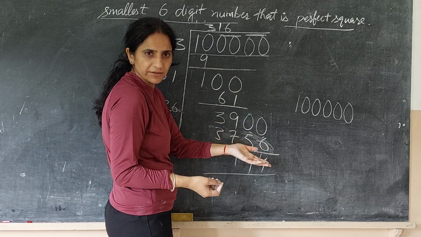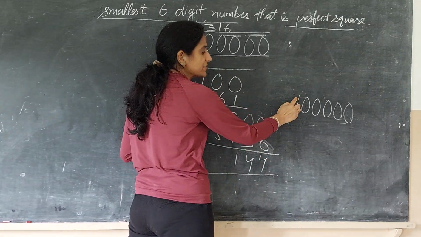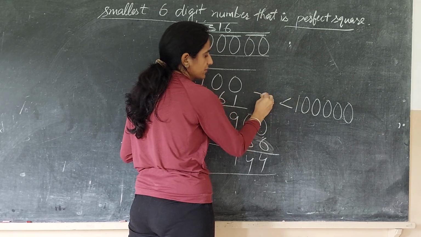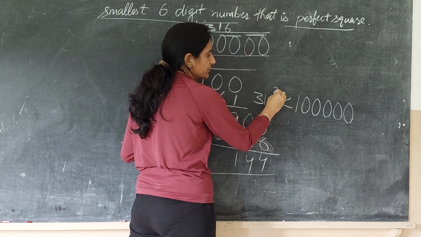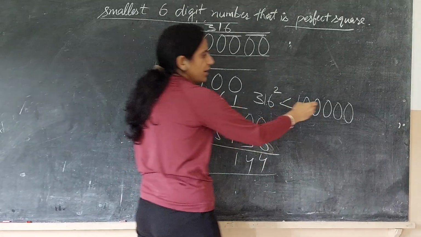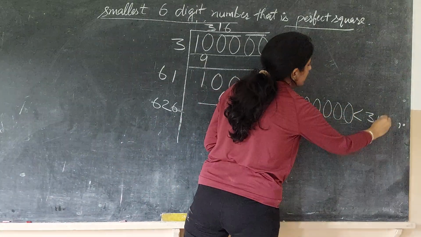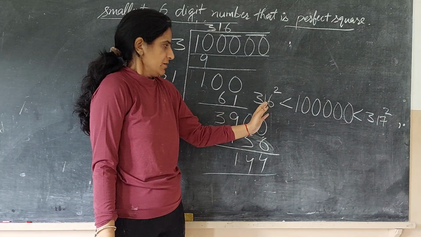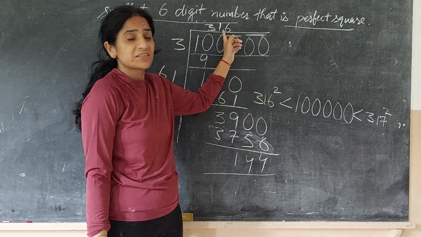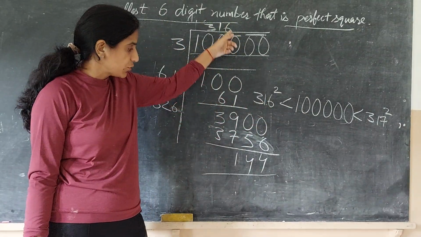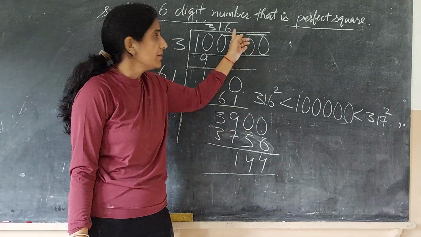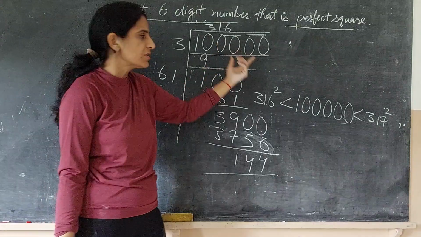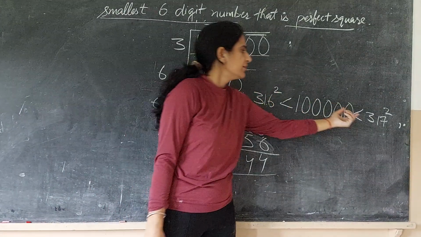Okay, that means this number lies between 316 square and 317 square. Its square root is 316 point something, because if we continue it, it's going to go on in decimals as it is not a perfect square. So its square root lies between this and this.